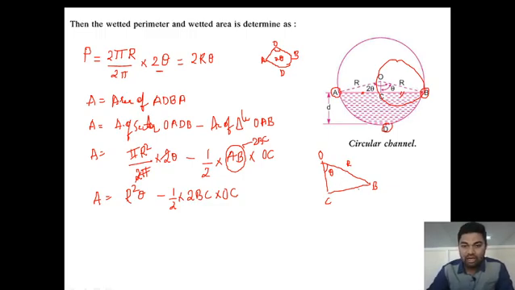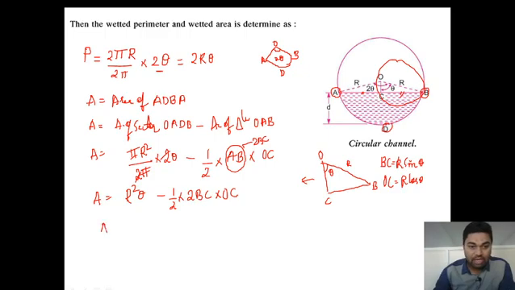So if we apply sine and cos, from this figure we will get BC as r sin theta and OC as r cos theta. Substitute these values in this equation.